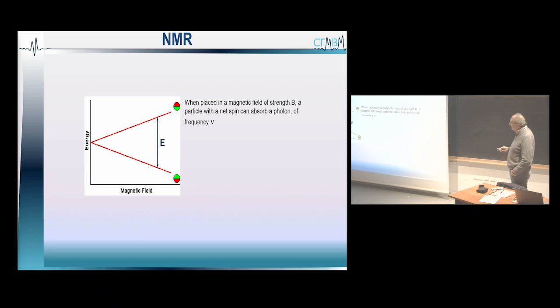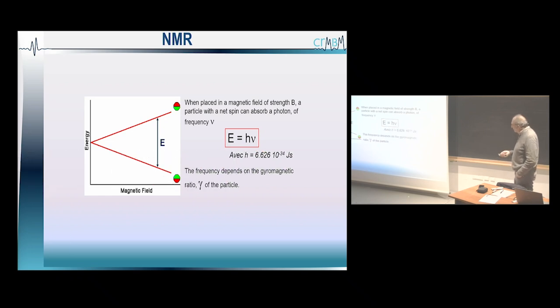And this energy will be the second magnetic field I was talking about, this oscillating magnetic field, which will have a given frequency. You can imagine that the frequency you are going to give is the precession frequency of the spin I was talking about before. This omega 0 is gamma B0. This is the frequency you are going to give, so this is the energy you are going to provide.